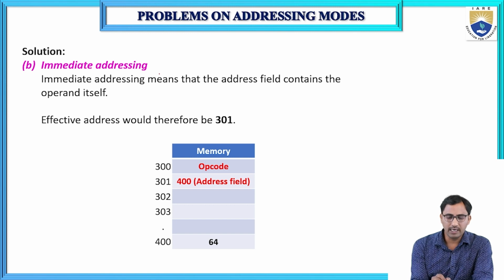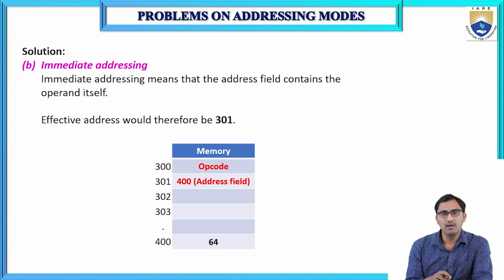Second one, immediate addressing mode. In immediate addressing mode, the operand is specified in the instruction directly, in the address field. The address field contains the operand itself.